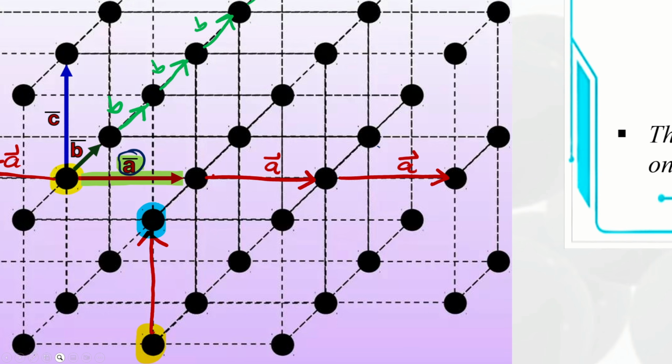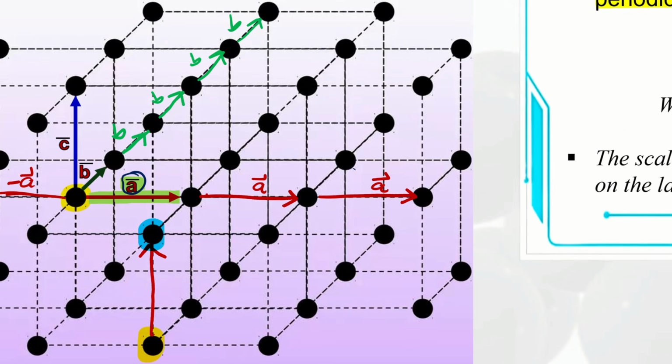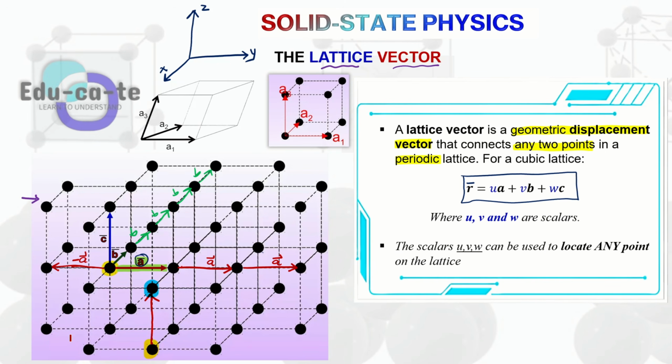But the main idea is that the lattice vector helps you to locate any point on the lattice. And what helps you to achieve that?